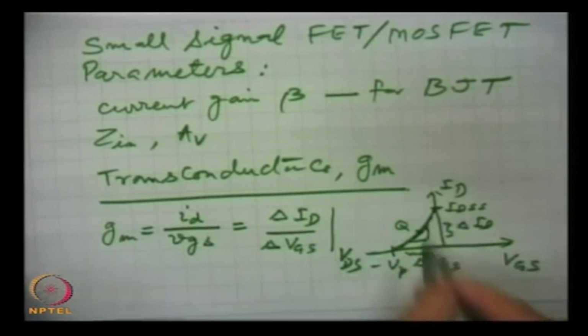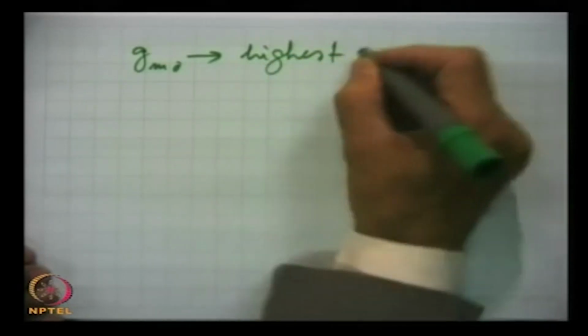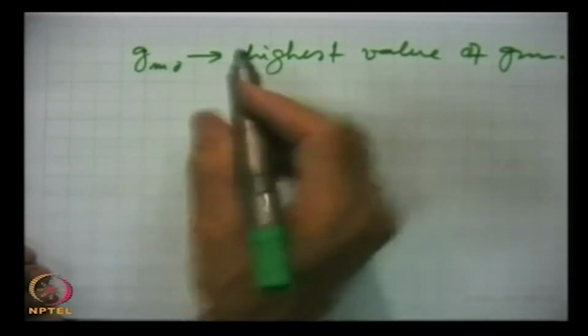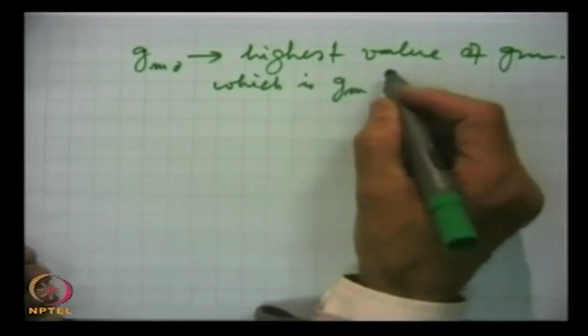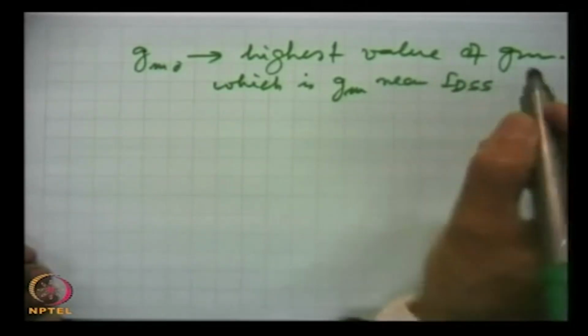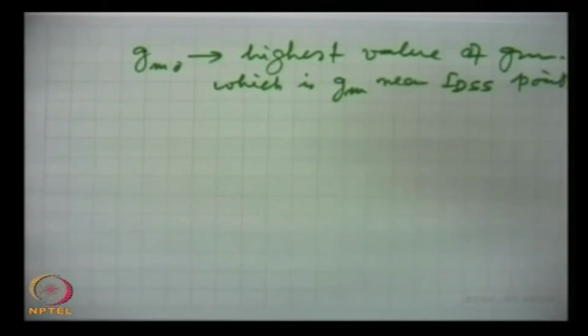The highest value of GM is designated as GMO. This is the highest value of GM, which is actually the transconductance value near the IDSS point on the transconductance curve.